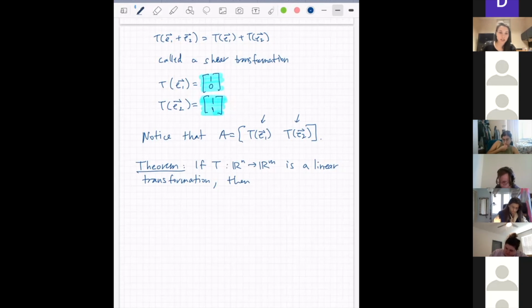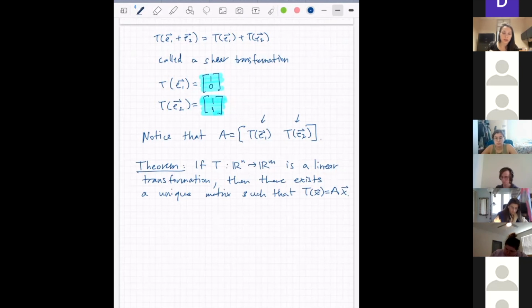So if T is any linear transformation, then there exists a unique matrix such that T is described by it, basically.